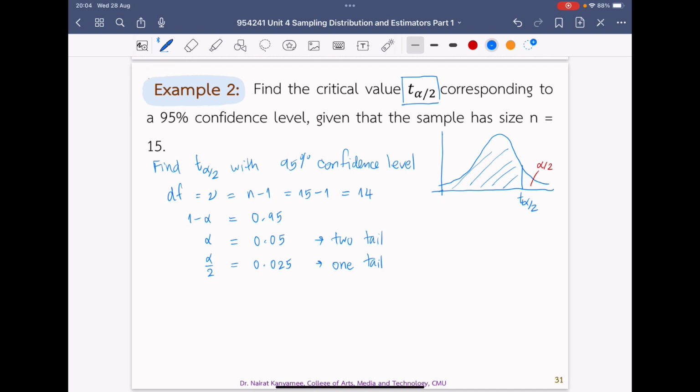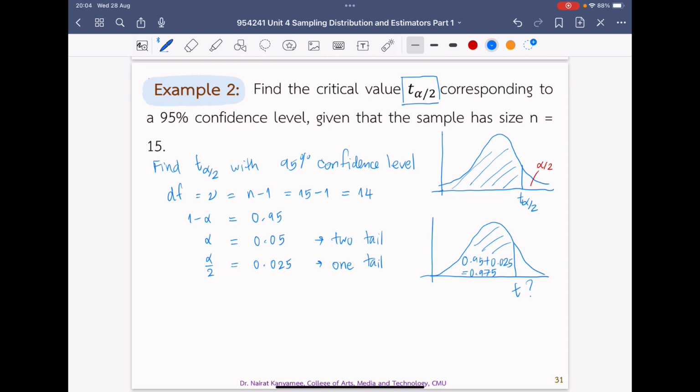That means the area that we are looking for is 0.95 plus 0.025, which is 0.975. We're looking for this t so that the area is 0.975.